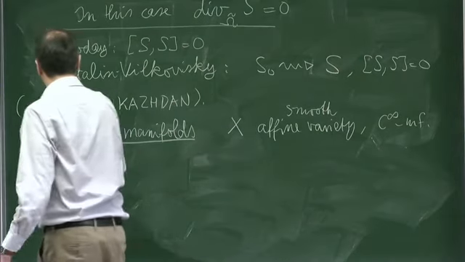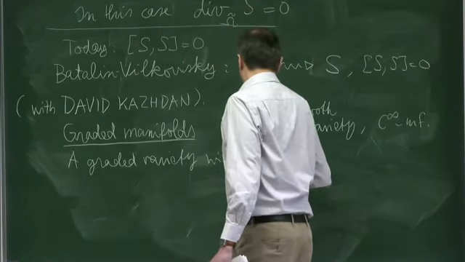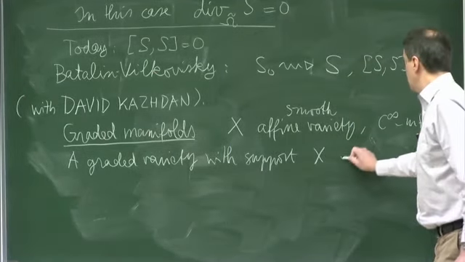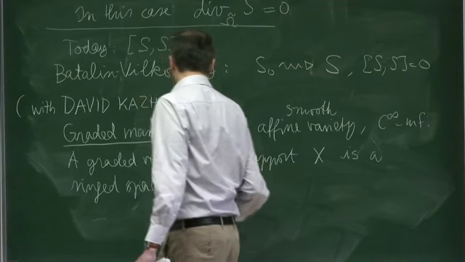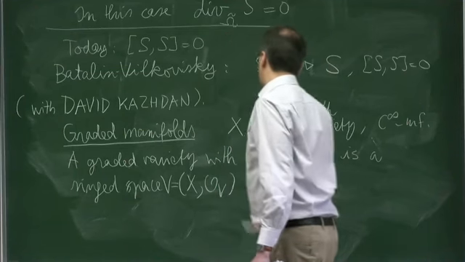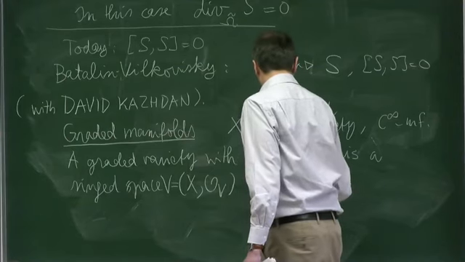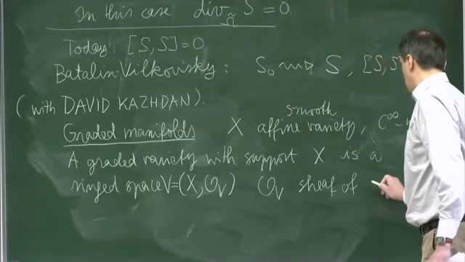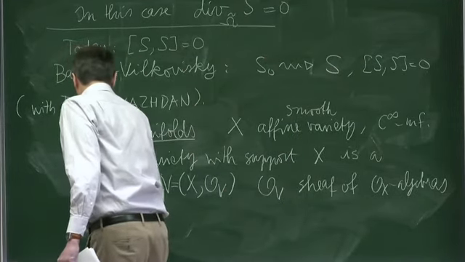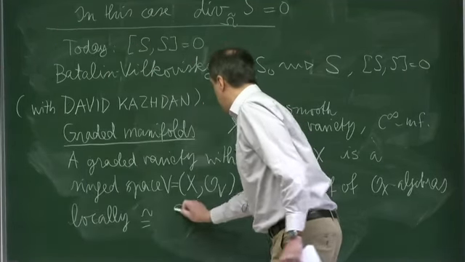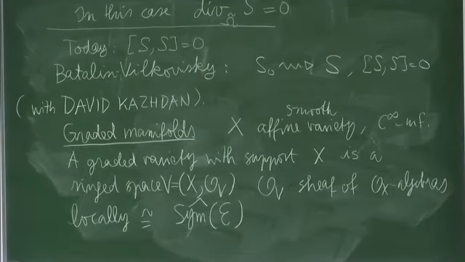And so now, by definition, a graded variety V with support X is a ringed space. Say X is a smooth affine variety, and O_V is a sheaf of O_X algebras, locally isomorphic to the symmetric algebra of some graded vector bundle, completed, and I will need to say something about the completion.